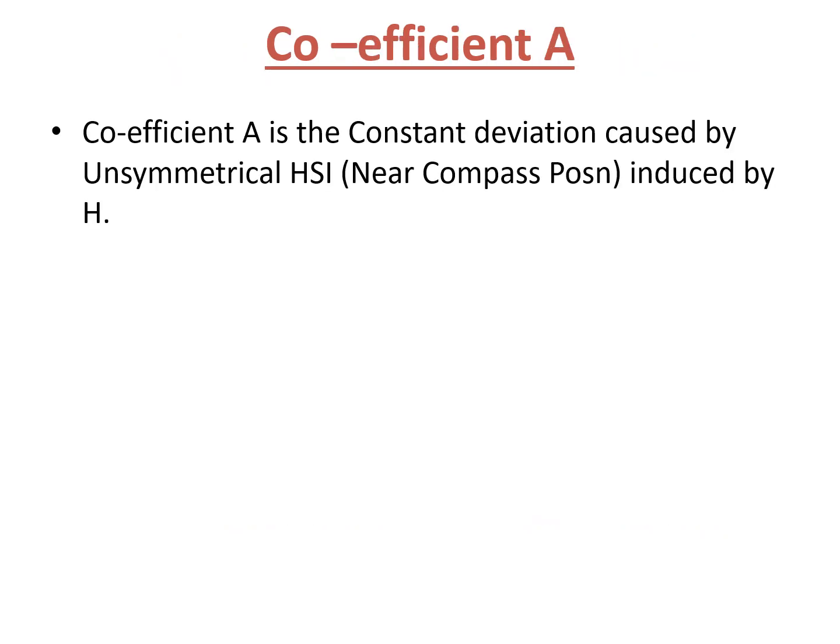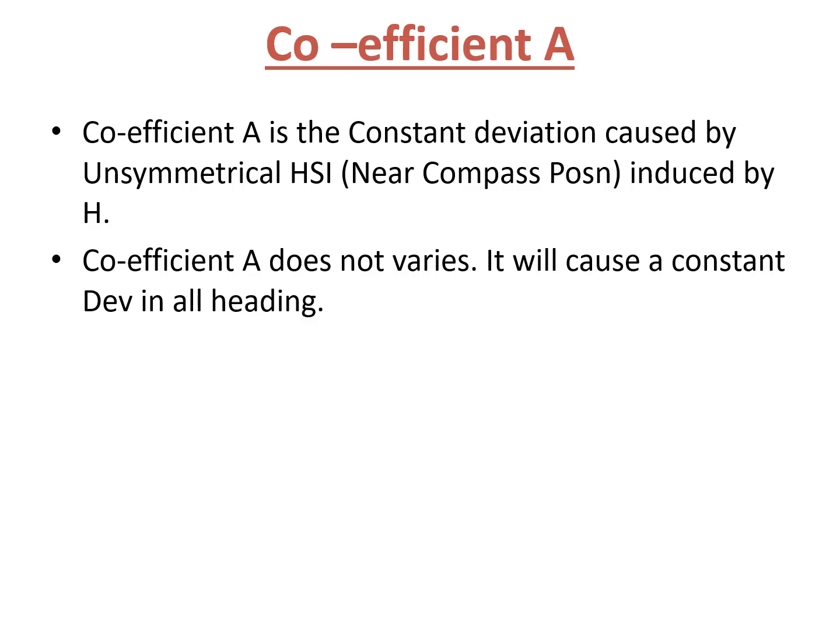Coefficient A, right? Again, the coefficient A is the constant deviation caused by the unsymmetrical HSI near the compass position. Suppose you have got an unsymmetrical HSI, like maybe a boom or crane near the compass position. That boom or crane is constantly affecting our compass needle, and it will give a constant deviation in all headings, right?